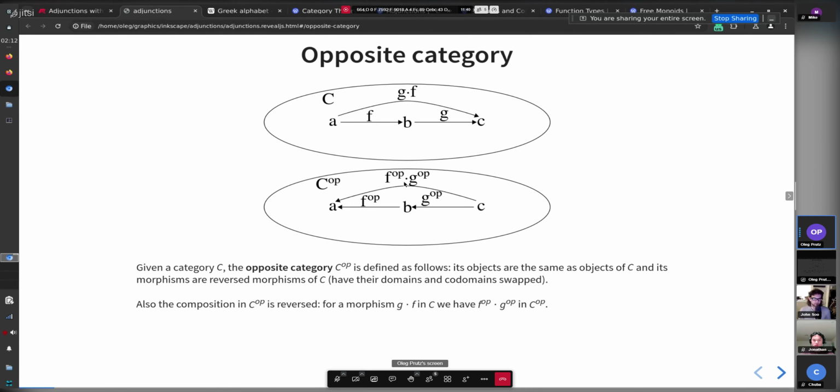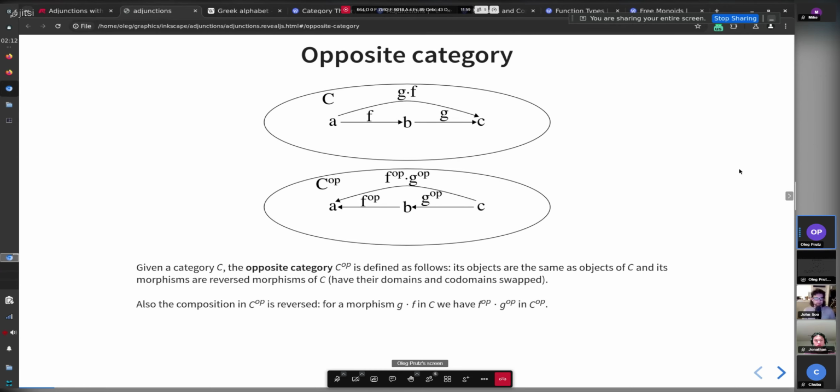And by the way, the order of morphisms in composition also reverses. So F and G are swapped around here.